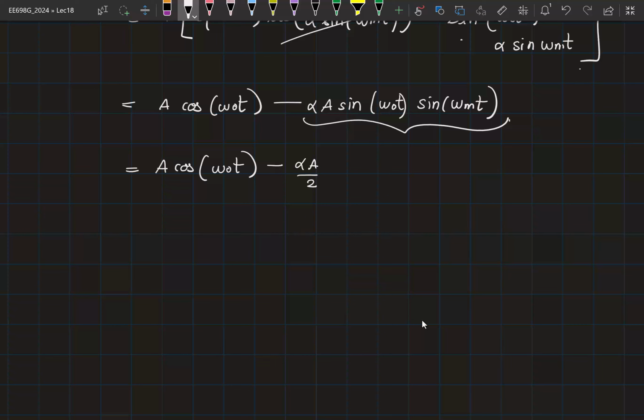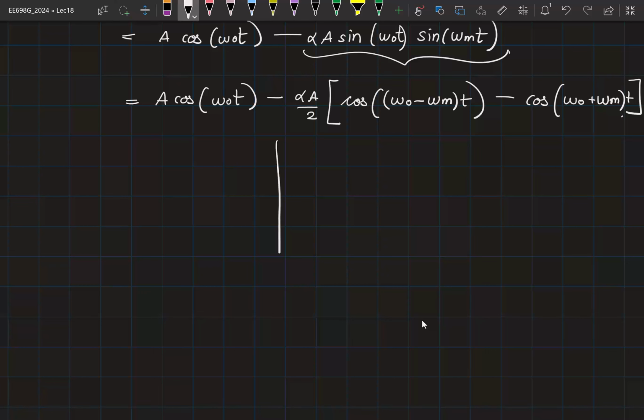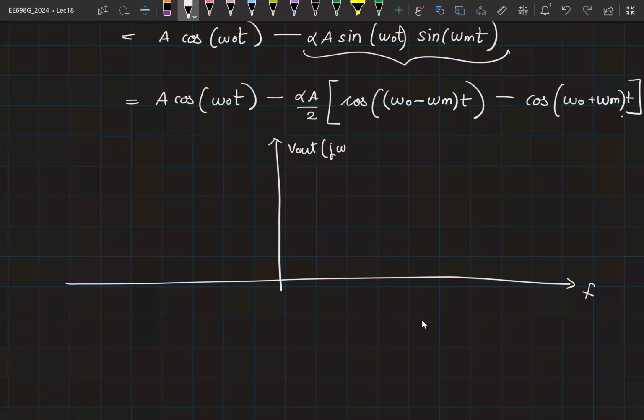Alpha A by 2 into cos((omega naught minus omega m) t) minus cos((omega naught plus omega m) t). Right? Now I can plot V out of j omega with respect to f. At f0 and minus f0, you will see A by 2.